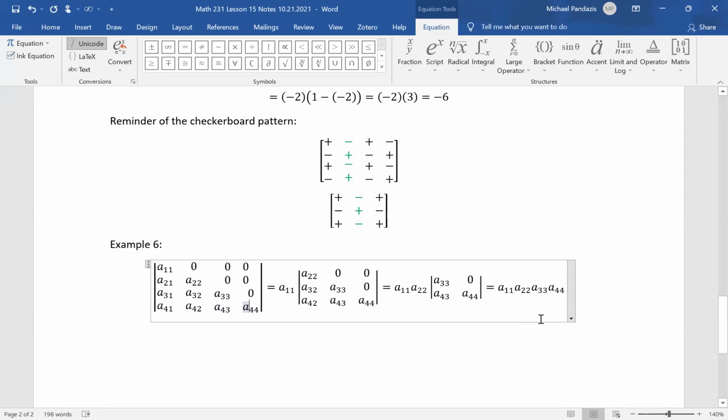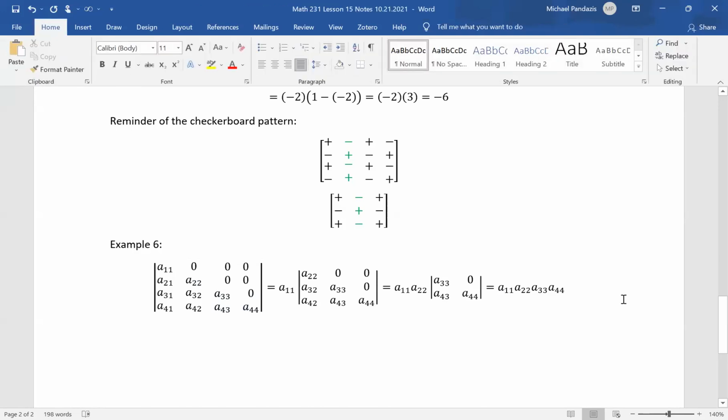So this is a shortcut for finding determinants of a lower triangular matrix. And the same is true for an upper triangular matrix. If the zeros were below the main diagonal, then the determinant of the matrix would still be the product of the entries on the main diagonal. Okay, so more examples.